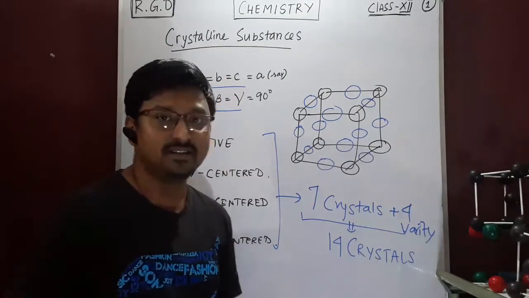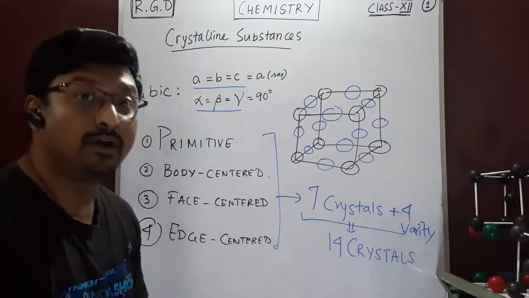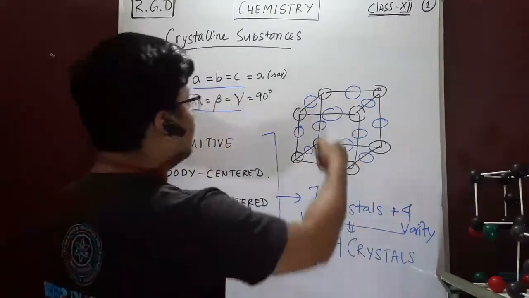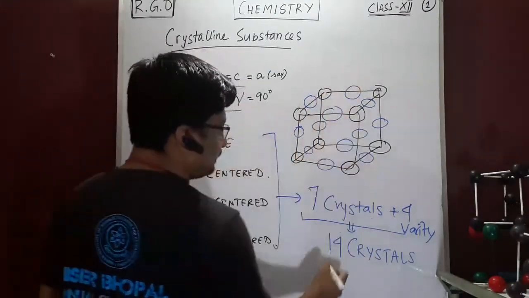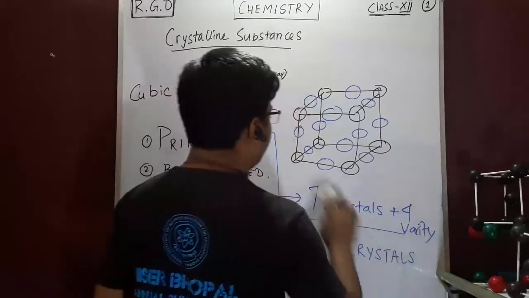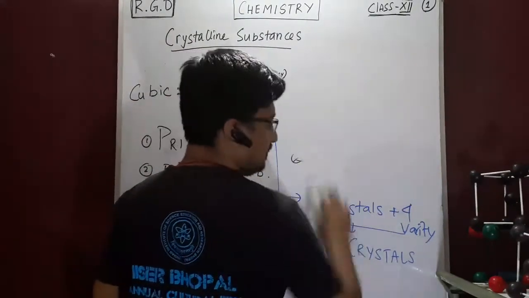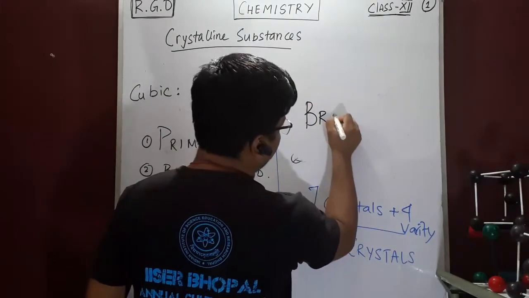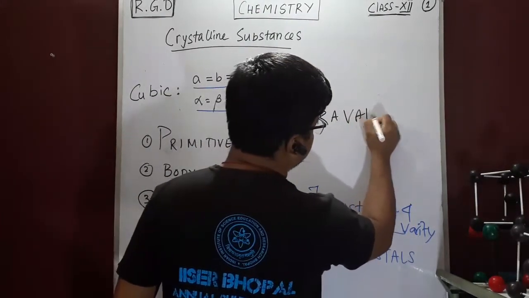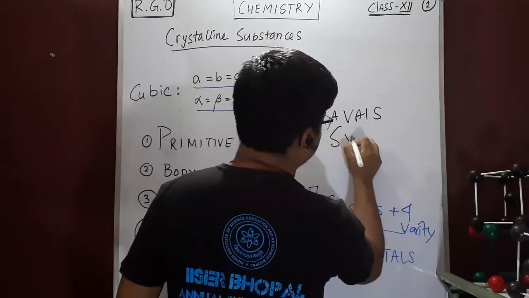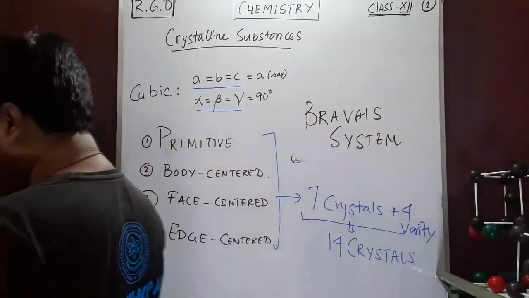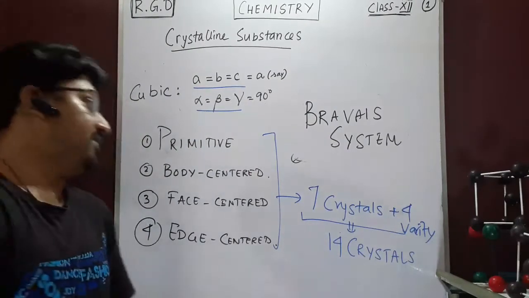The total of 14 is what we are going to discuss in the next part, and it is known as the Bravais system.